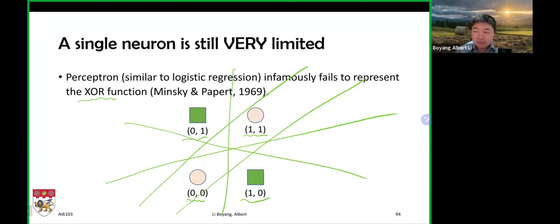And that was a major factor in the first AI winter, when people thought, all these AI techniques, like neural networks or logistic regression, really don't work, right? Because they don't even work on such a simplistic case. How can you expect this to be applicable to the general problem of artificial intelligence, which has to be a lot more difficult, right?